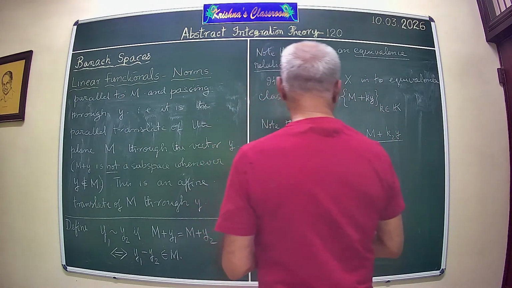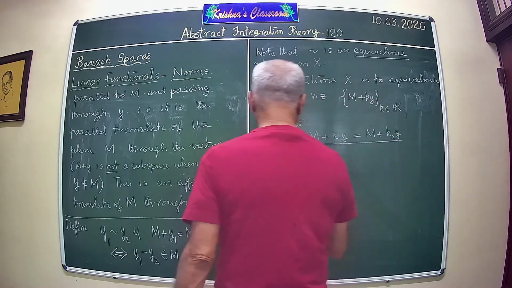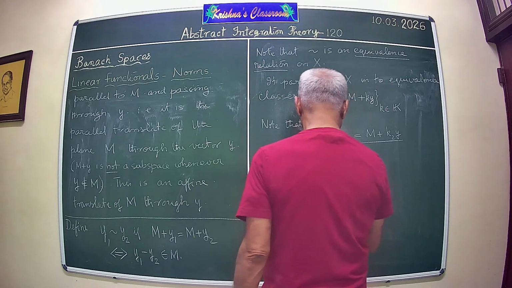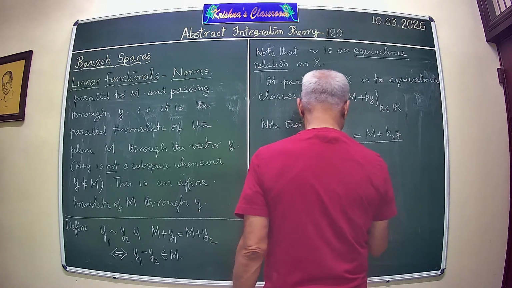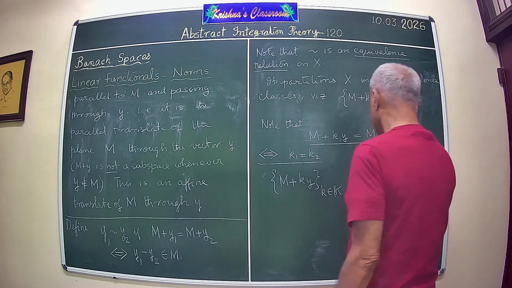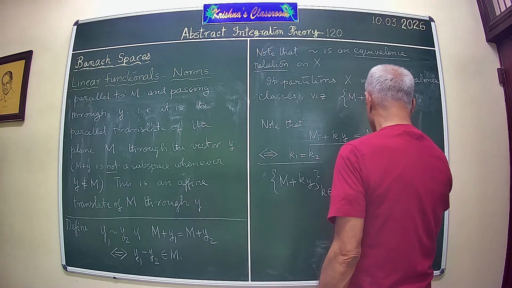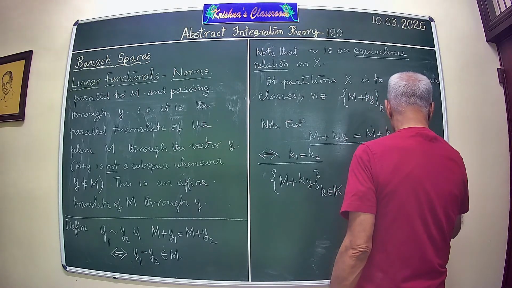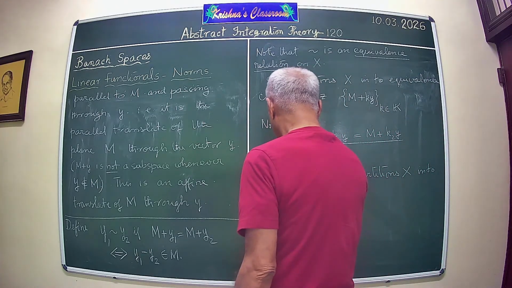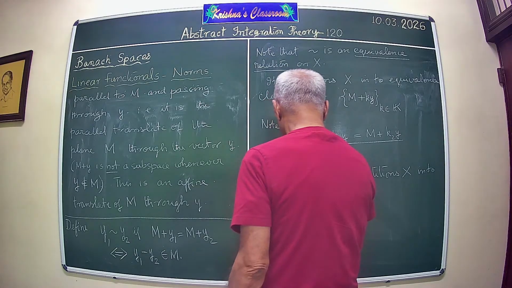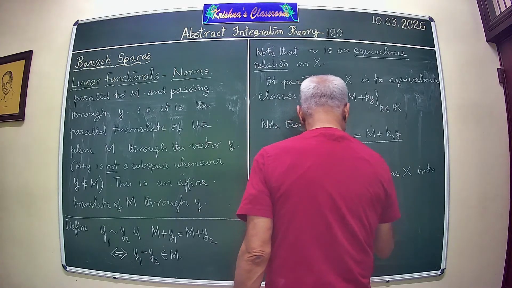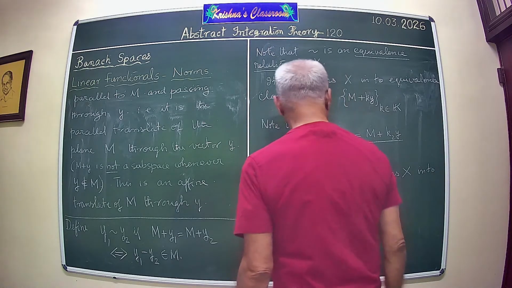So what you have is the following property: it partitions X, the union of these results.